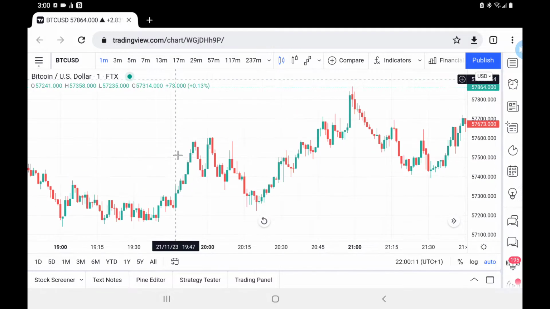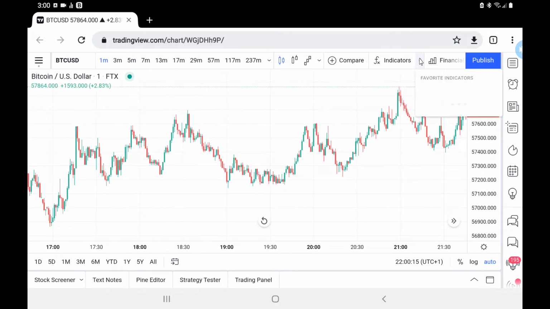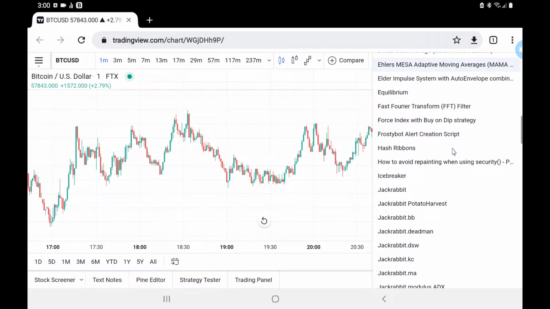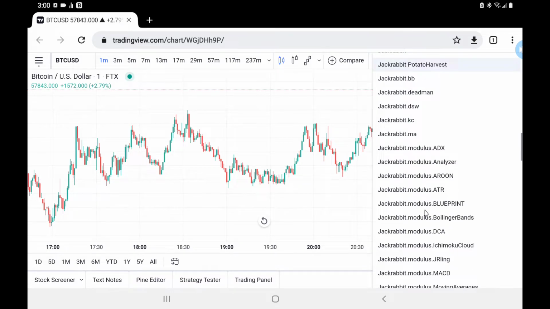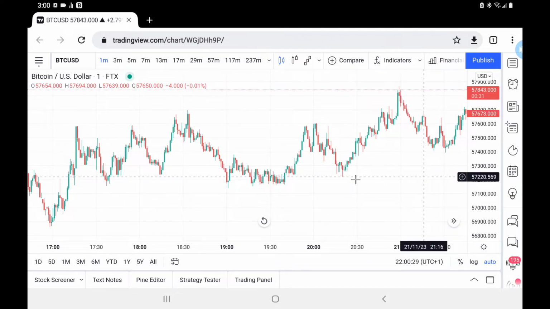So before we get into too much, let's get something on the chart. Now I'm just going to quickly put something together that may not necessarily be all that award-winning profitable. Let's start with the DCA module.